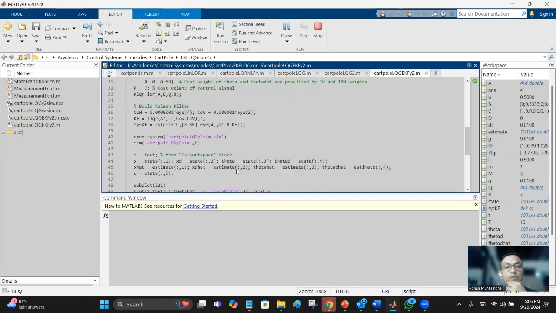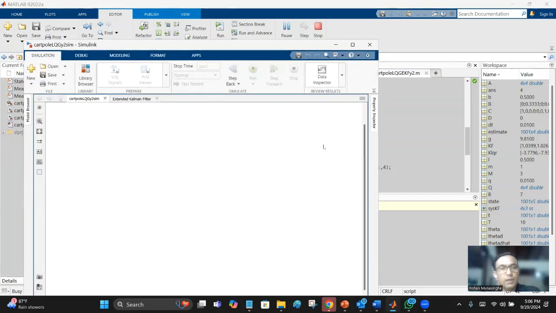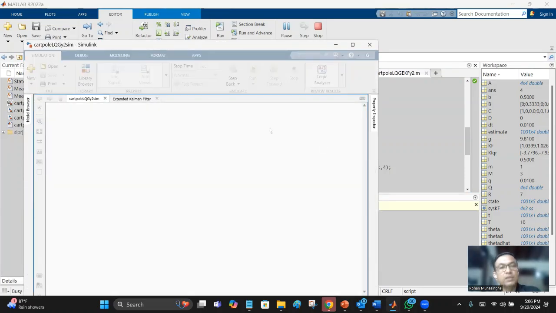Okay, so let's give it a run. Then you will see the Simulink block open. It takes a little while.